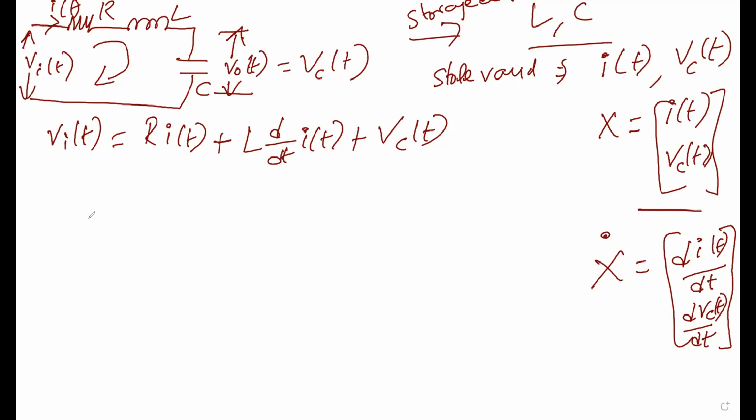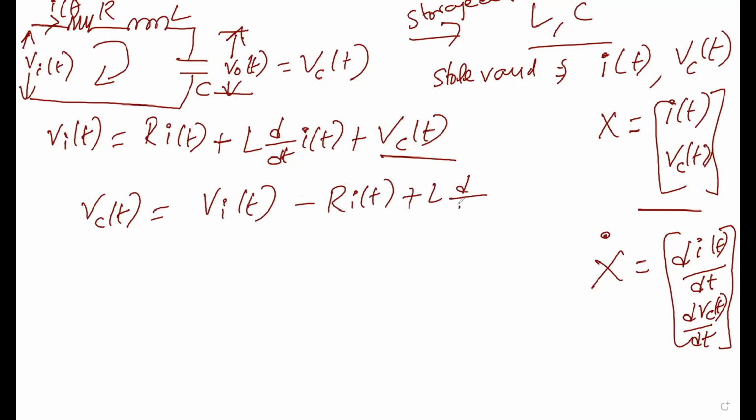Okay, now we can find. What is the requirement? We need to find Vc of t, which is nothing but Vi of t minus R into I of t minus L d by dt of I of t.